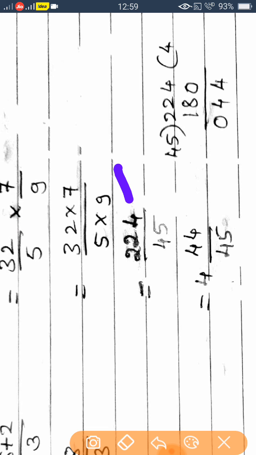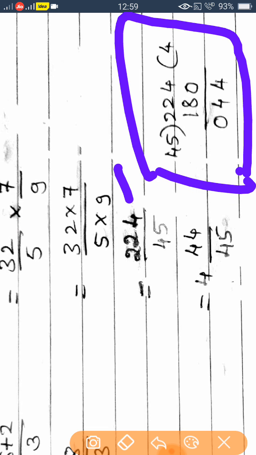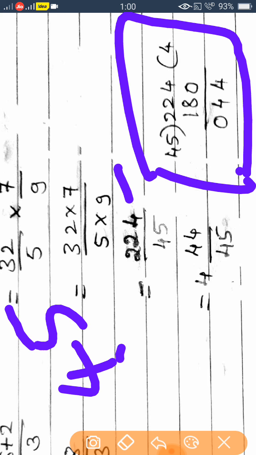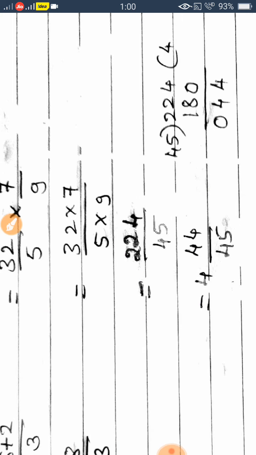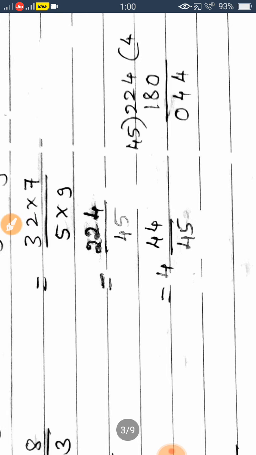So if you divide 224 by 45, 4 45s are 180, if you multiply, because 45 ones are 45, 45 2s are 90, again 135. If you add again, it is 180. It will come. So the answer is 4 and 44 by 45.